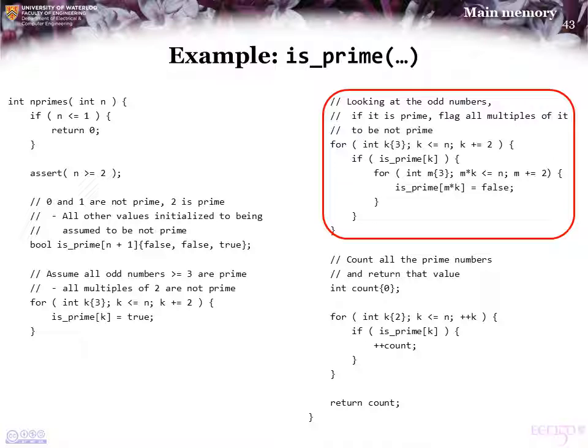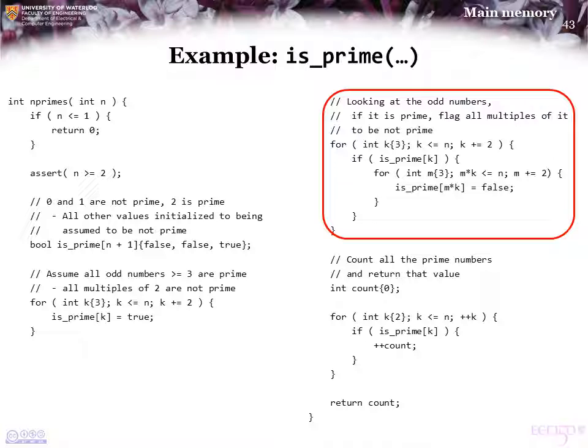Having flagged all multiples of 3 as being not prime, we will look at 5. 5 still appears to be prime, good, and then we will flag all odd multiples of 5 as being not prime. 15, 25, 35, all of those are not prime.